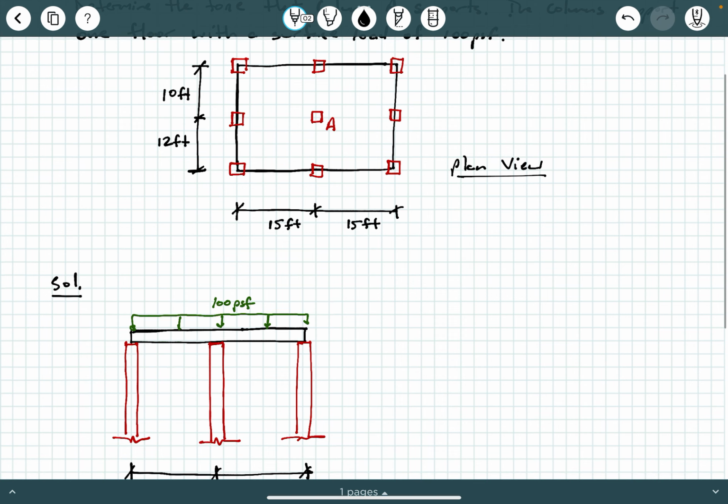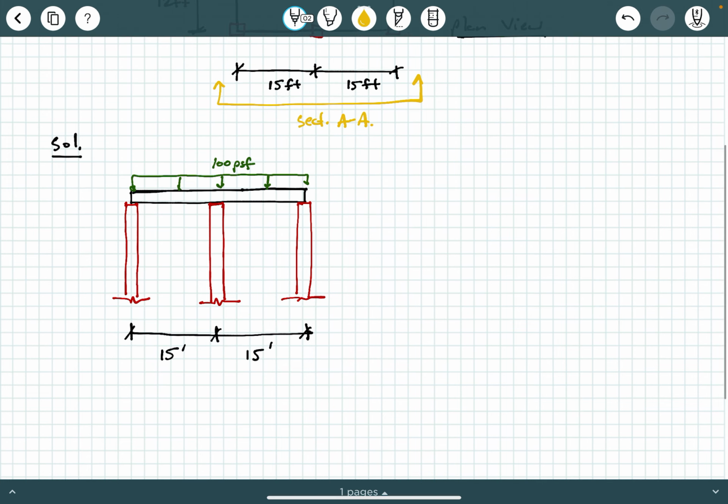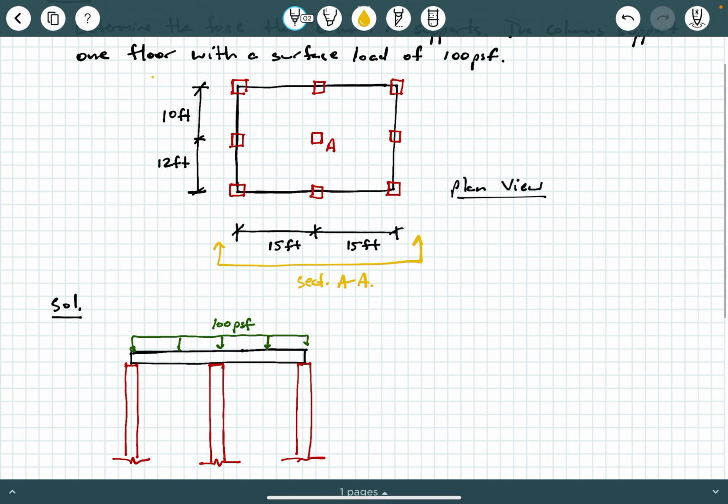So this particular view would be like if I look in this direction. So we can call this maybe AA, okay? So this is section AA. All right, what if I wanted to look in this particular direction? What if I call this section BB?